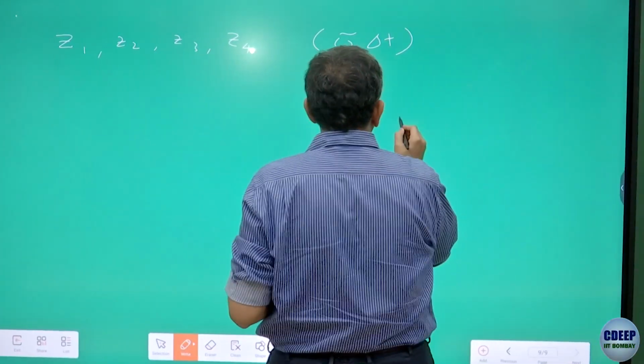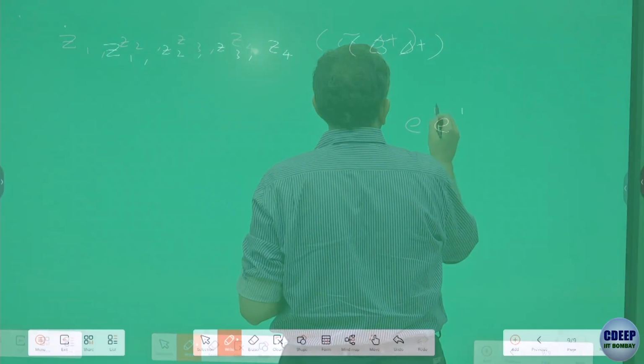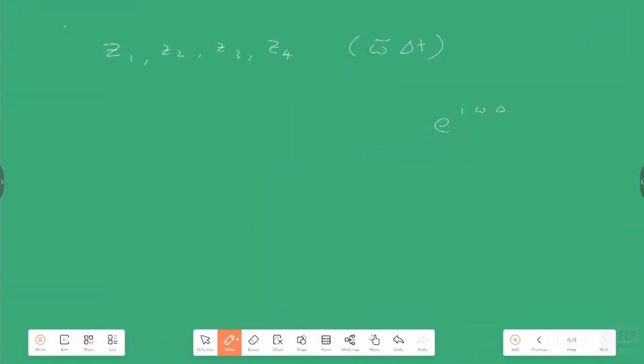So we had, remember, e to the power i omega delta t, which is e to the power i omega r plus i omega i delta t, e to the power, there was a minus, is it? Oh, minus. So remember our inverse Fourier transform, Laplace transform, was this thing.